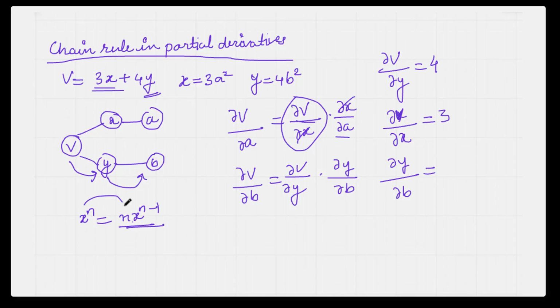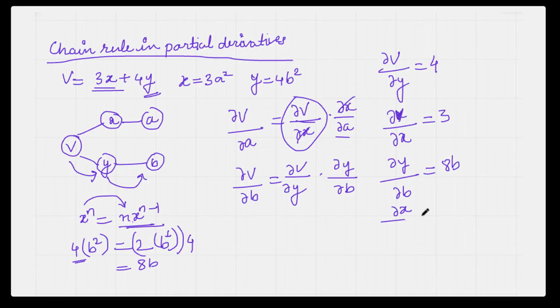Similarly, here 4 is nothing but a constant, but here I have b to the power 2. So how will it be? 2 into b to the power n minus 1, that is 2 minus 1, that is 1, and this whole multiplied by this 4. So this becomes nothing but 8b, correct? So here I will write it as 8b.